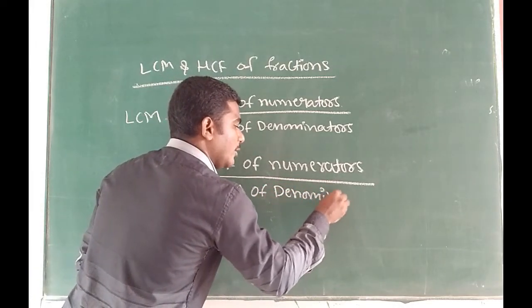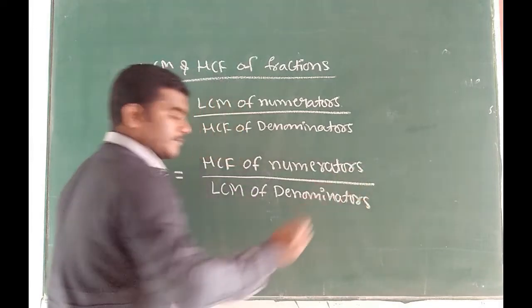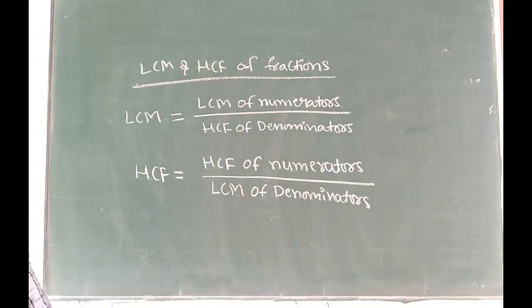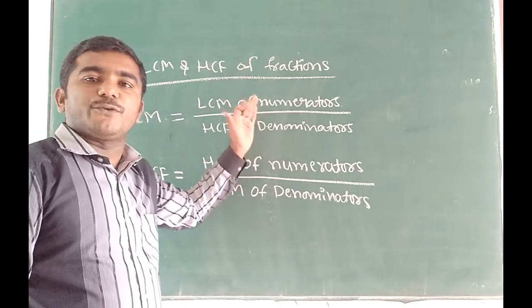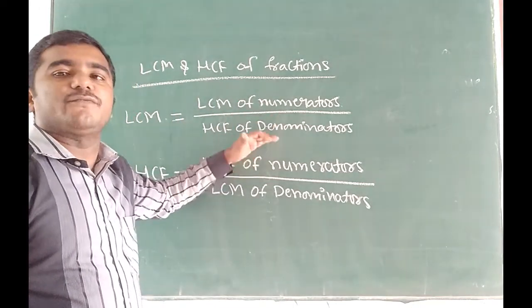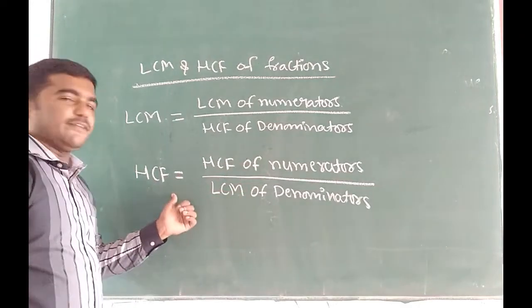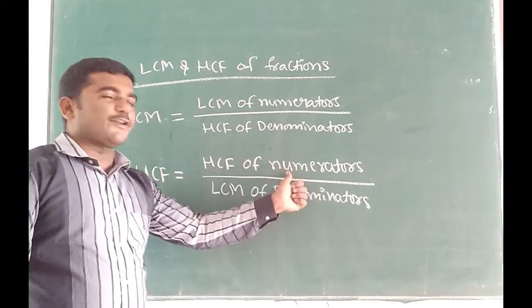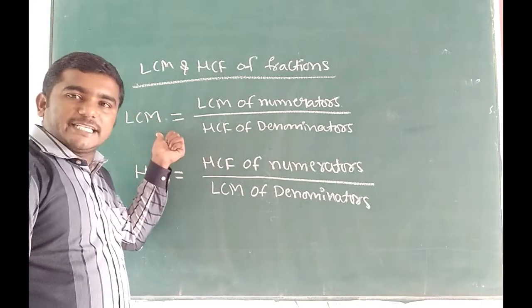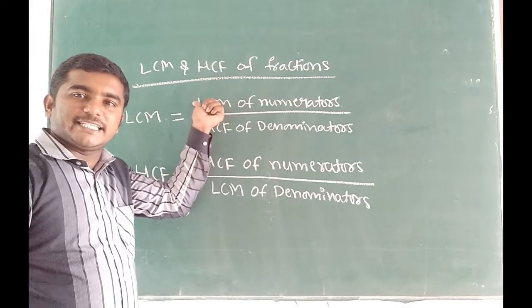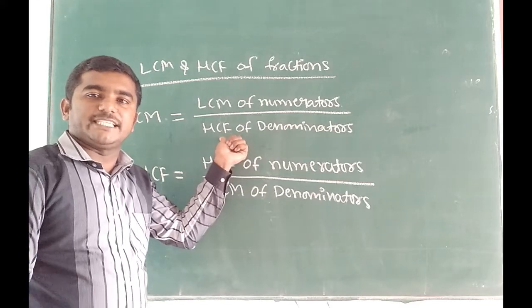These are the formulas we use. Okay, what are the formulas? LCM is equal to LCM of numerators by HCF of denominators, and HCF is equal to HCF of numerators by LCM of denominators. Suppose if we ask for the LCM, for the numerators you do the LCM, and for the denominators you have to do HCF.